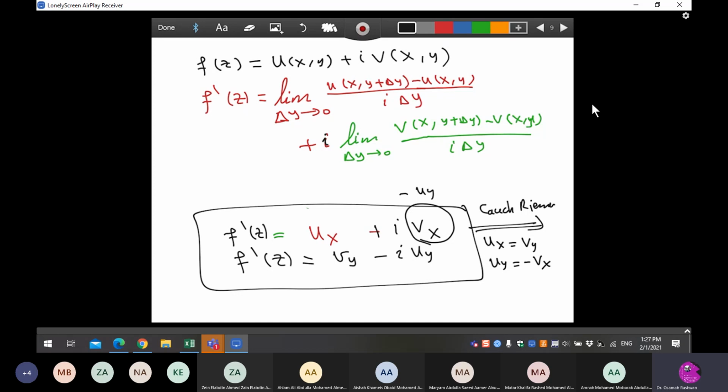So now I know f dash of z is ux plus i vx. But I have only u. So what am I going to use? I'm going to use the Cauchy-Riemann equation to replace vx by minus uy. If I have v, I will replace uy by minus vx. Catch my point or not?